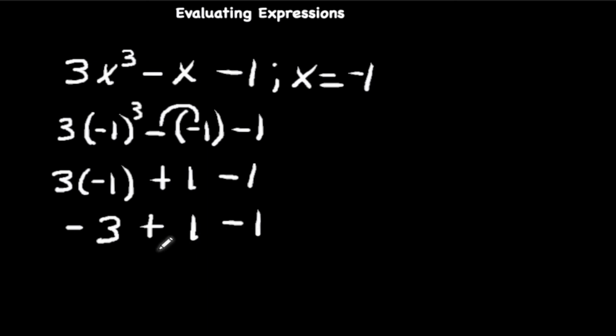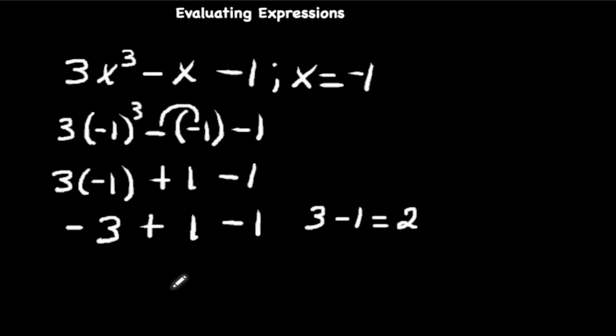Now what you're going to do is subtract the smaller absolute value from the greater absolute value, right? And we're going to append the same sign as the greater absolute value onto our answer, right? So remember, the absolute value of negative 3 is simply 3, right? Minus 1. So really you can look at it as 3 minus 1, which is equal to 2, right?